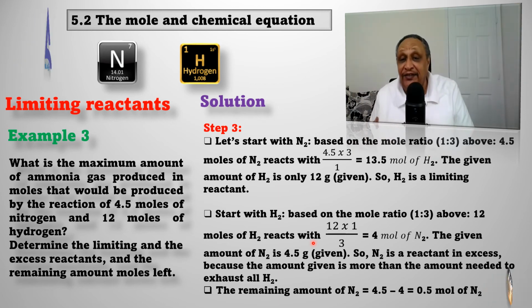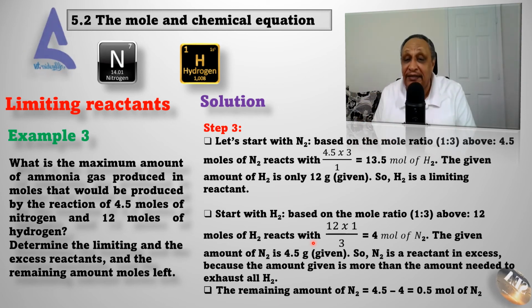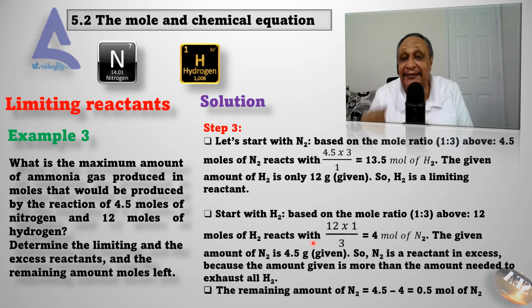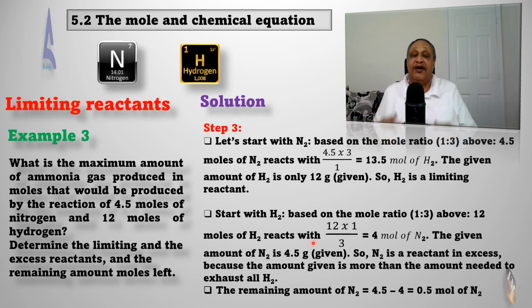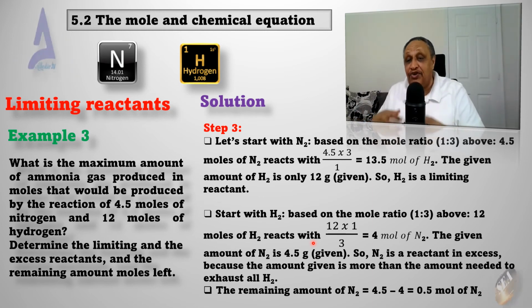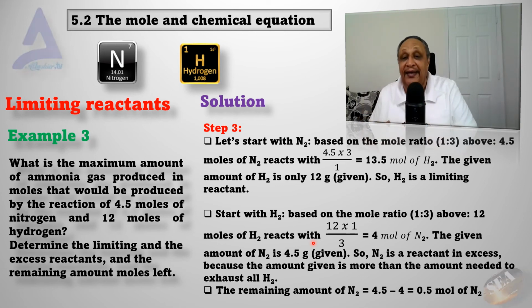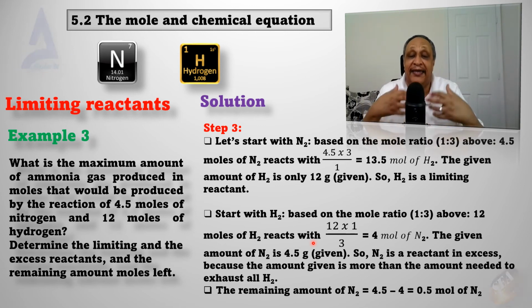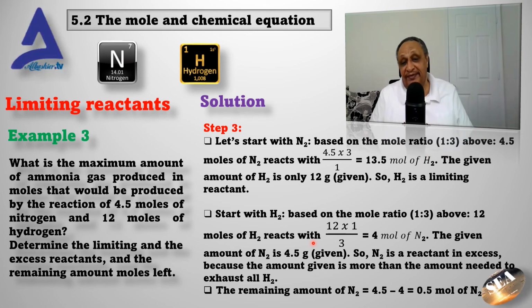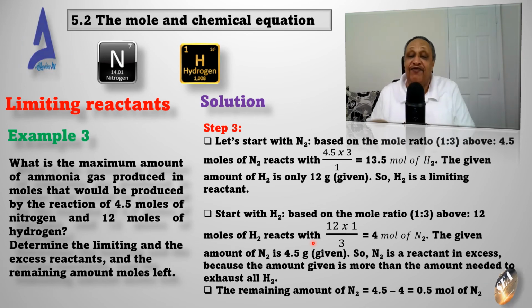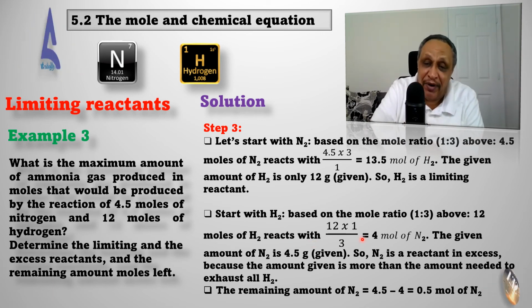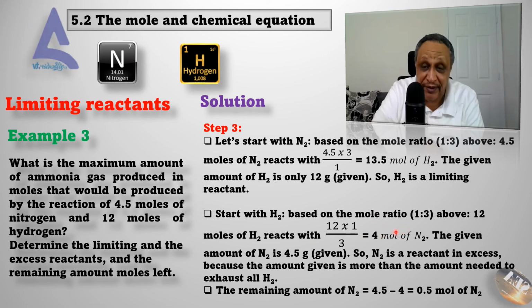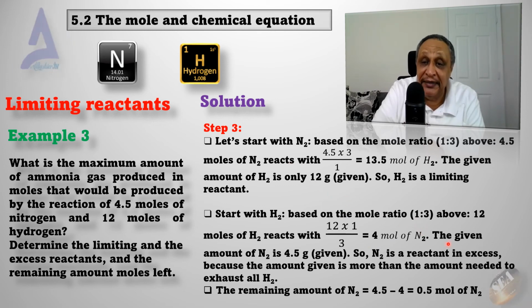This means that nitrogen is a reactant in excess because it is going to remain although all the hydrogen is consumed. The remaining nitrogen is 4.5 minus the 4 consumed by the 12, and this is 0.5 mole of nitrogen.